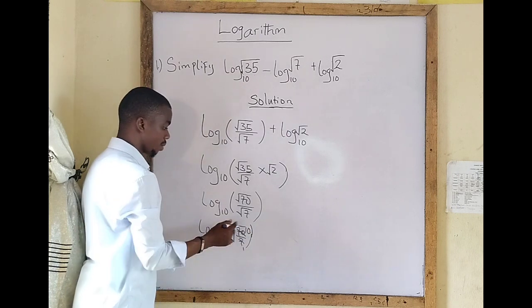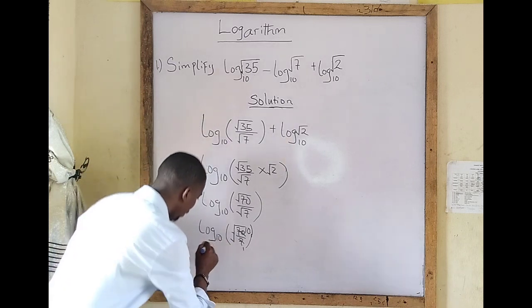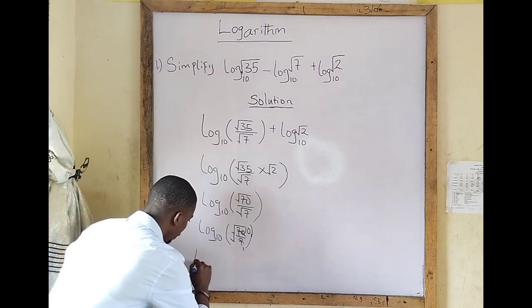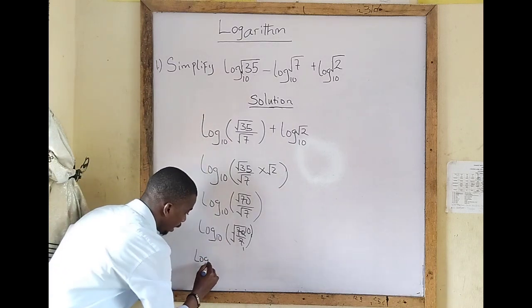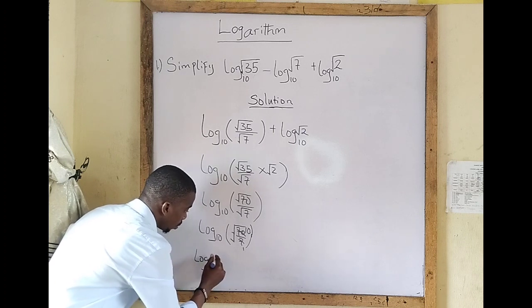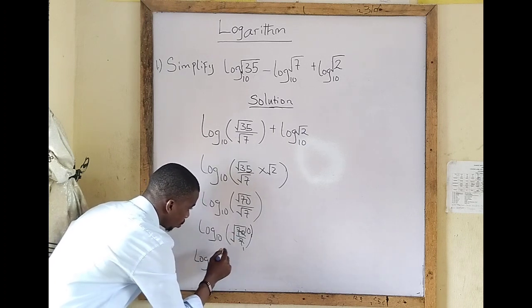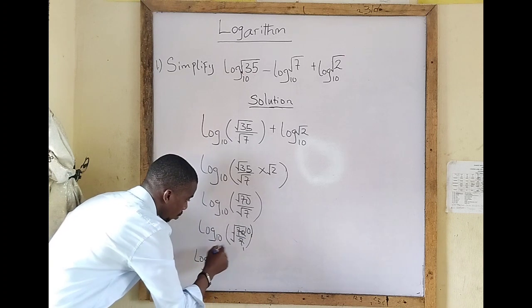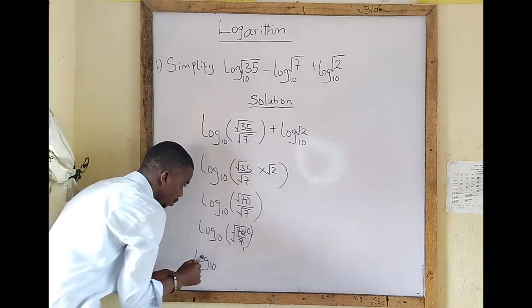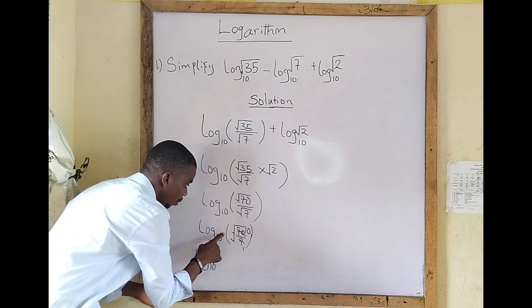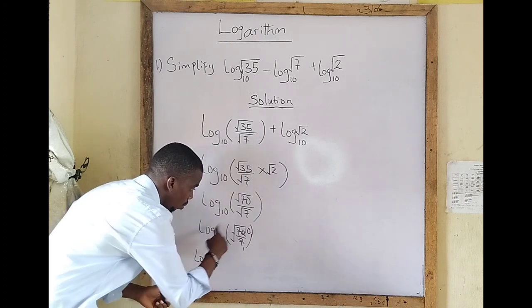So that we have log base 10 of root 10, because we could open the bracket with an invisible 1 here, so 1 times root 10.